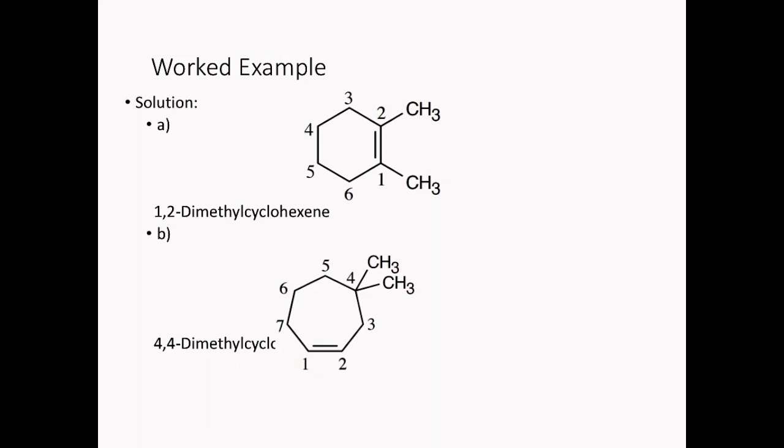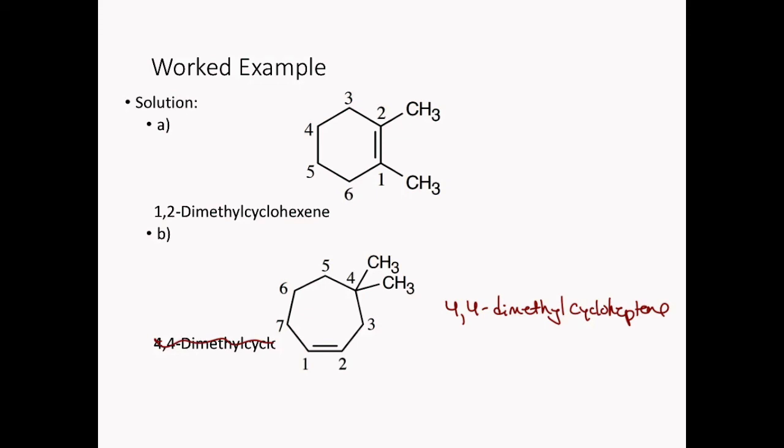And then the one below, the answer is cut off here, is 4,4-dimethylcycloheptene. So it's a 7-membered ring, so cycloheptane, but it has a double bond, so cycloheptane becomes cycloheptene.